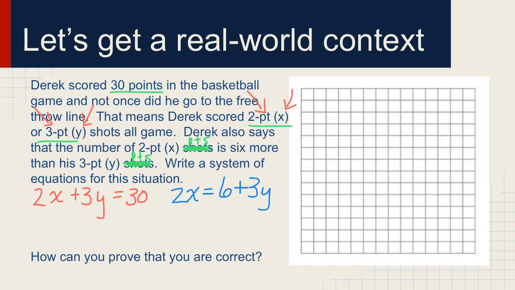All right, so we have our system here. They're not in slope-intercept form. So I want you to pause me, put them in slope-intercept form, find an answer, check it, and then come back for checking with me. So go ahead and pause me now.